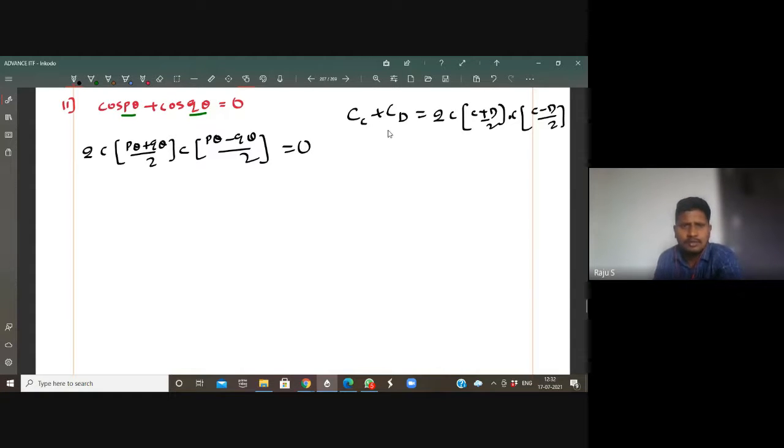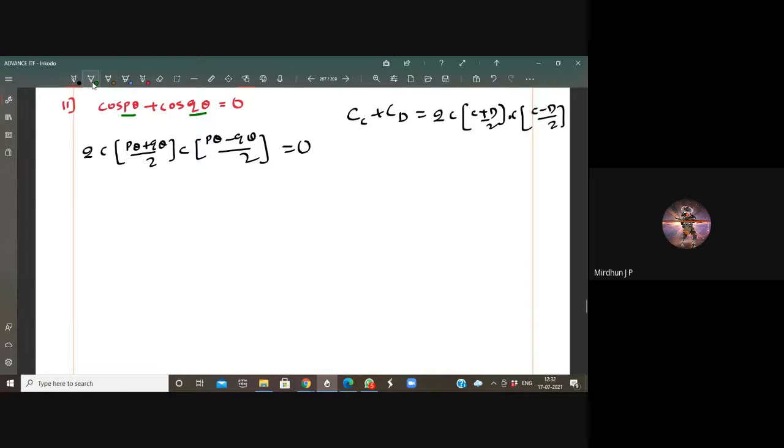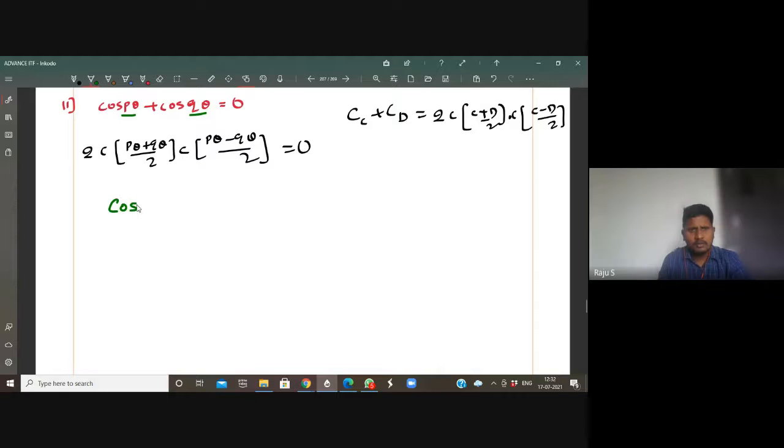What shall I do next? Either this should be equal to 0 or that should be equal to 0. Yes, either cos of p plus q divided by 2 into theta is equal to 0, taking theta common, or cos of p minus q by 2 into theta is equal to 0.